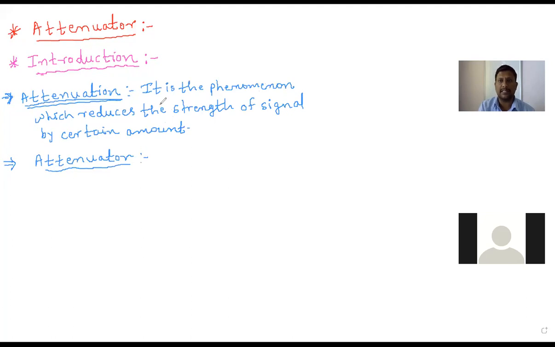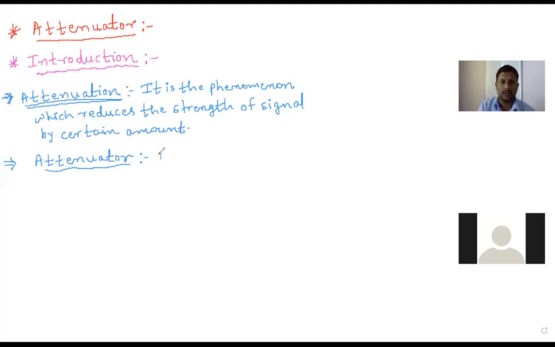If you understood the attenuation definition, easily you can tell what is the function of attenuator. So attenuator is what? It is a component, it is a device, it is a circuit. Yes, it is a circuit, or we can say device.